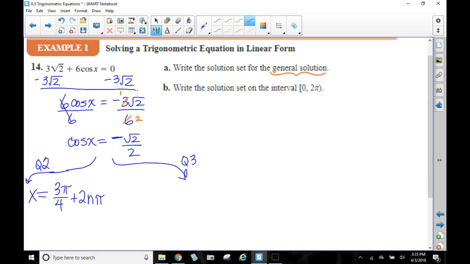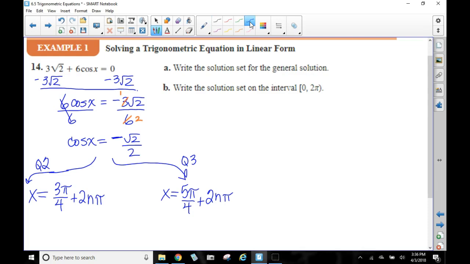And then in quadrant 3, the angle that has a reference angle of pi over 4 is 5 pi over 4. And then also we want to get all of the angles that are coterminal with 5 pi over 4.